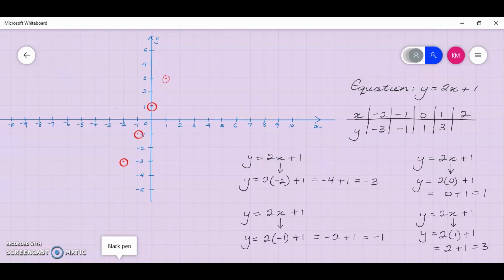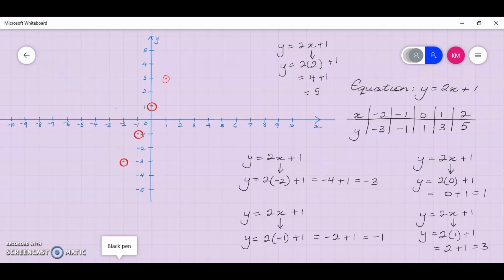Next, our last point, I'm just going to do my working at the top here. y equals 2x plus 1. Remember, here now we are using x is 2. That's our last value in our table. So y is going to be equal to 2 multiplied by 2 plus 1. 2 multiplied by 2 is 4 plus 1, and that is going to give us 5.